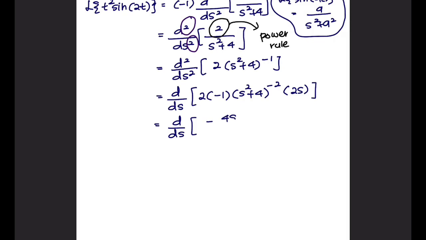Look at negative 4s over (s squared plus 4) squared. Okay, then differentiate again. You will realize that on top you have a function of s. So you must apply the quotient rule.